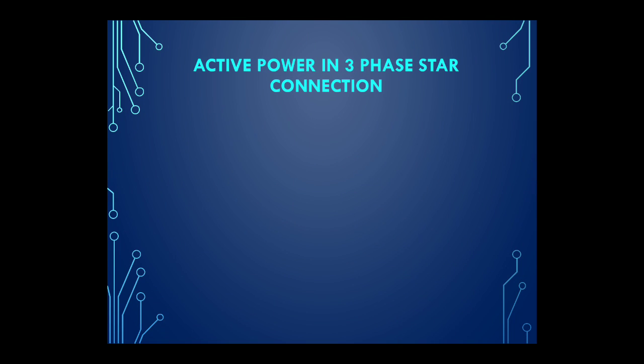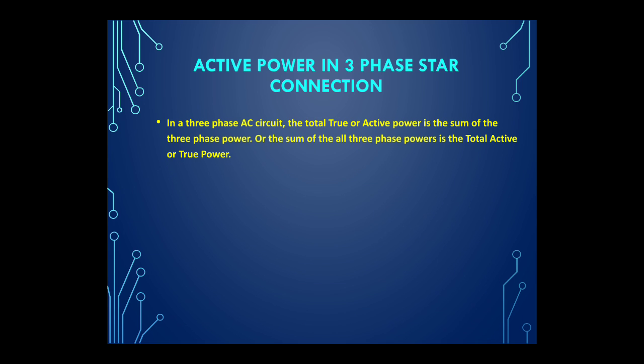The first slide is the active power in a three-phase connection. In a three-phase AC circuit, the total true or active or real power is the sum of the three phase powers.